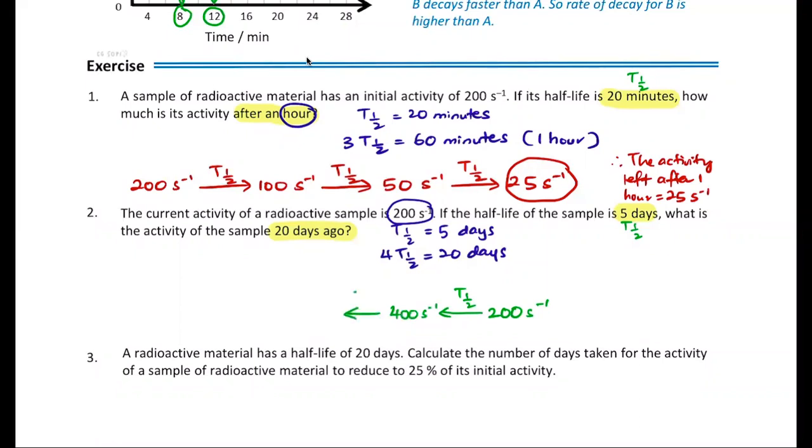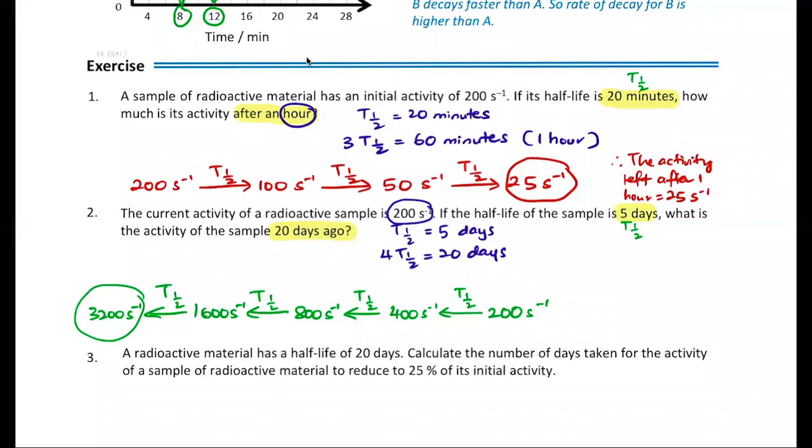Another half-life, times by 2, you will get 800 per second. Another half-life times 2, 1,600 per second. And then another half-life, you will get 3,200 per second. So 4 times half-life, you multiply by 2, then you will get 3,200 per second. Okay, this is the answer.